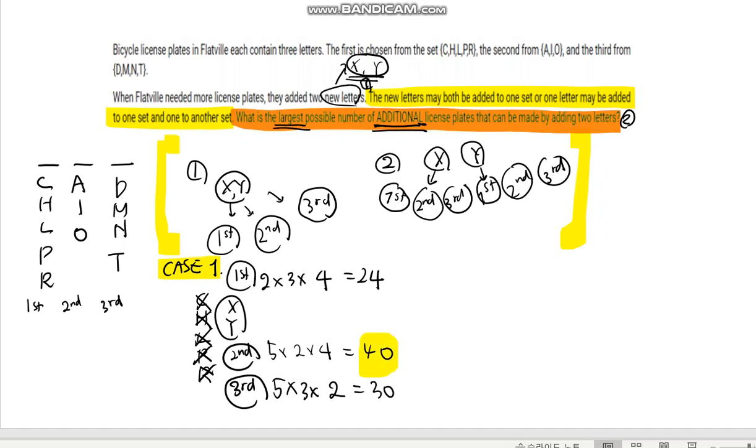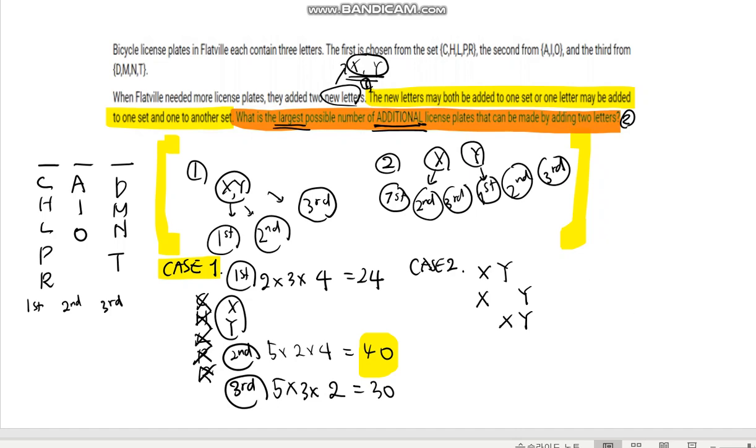And then case 2. Let's suppose X goes to the first place and Y goes to the second place, or X goes to the first place and Y goes to the third place, or X goes to the second place and Y goes to the third place. Let's also consider YX in each of these, so all we need to do is multiply by 2 here.